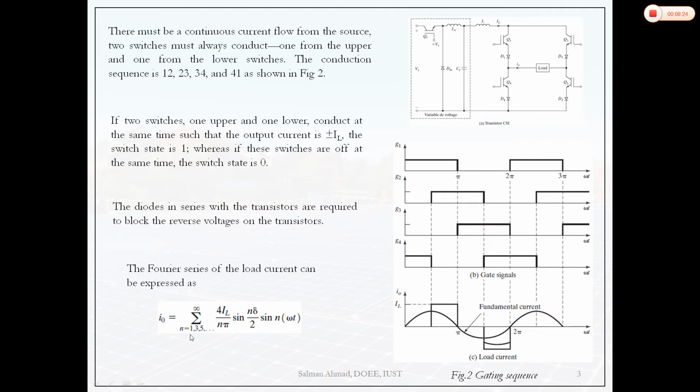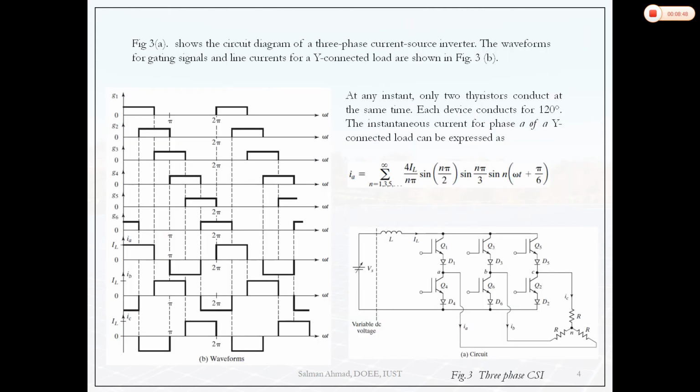So n equal to 1 will give the fundamental component: 4IL upon pi sine delta by 2, that will be the peak magnitude of the fundamental component, times sine omega t. If we divide that component by root 2, we will get the RMS value of the fundamental component of the current, similar to what we have done in the voltage source inverters.